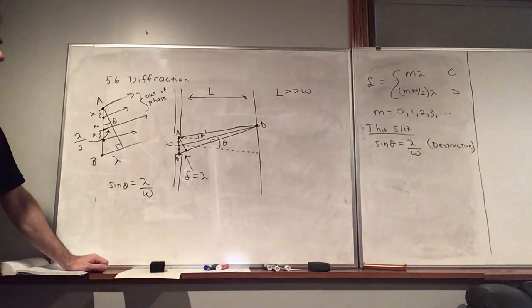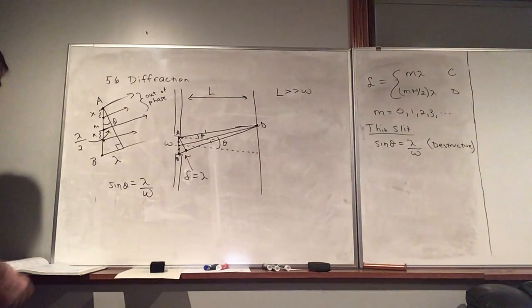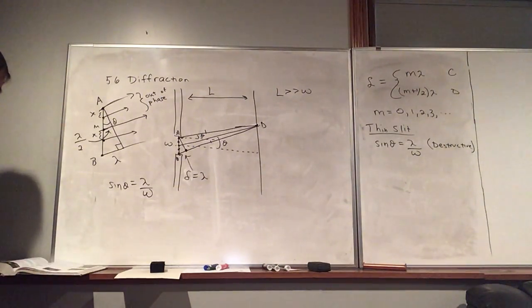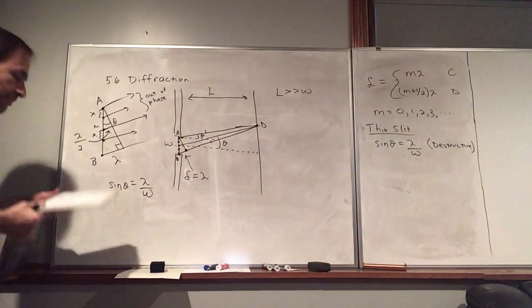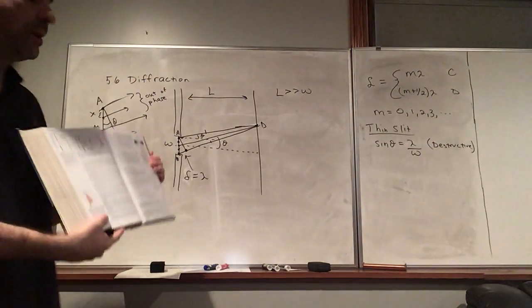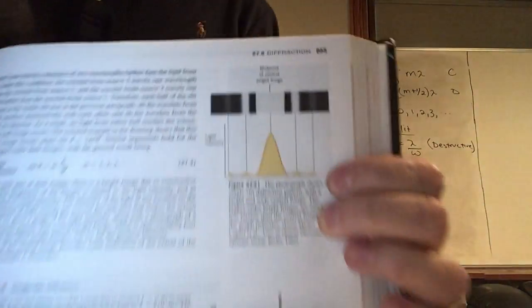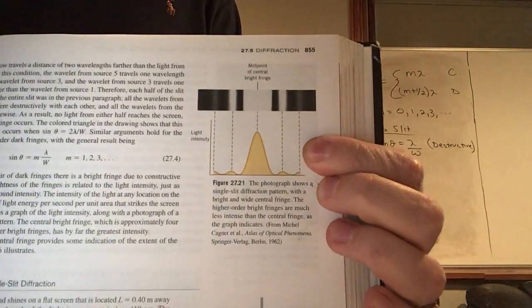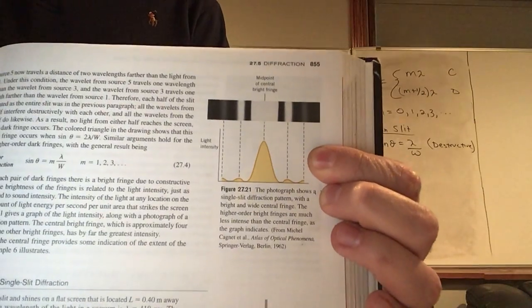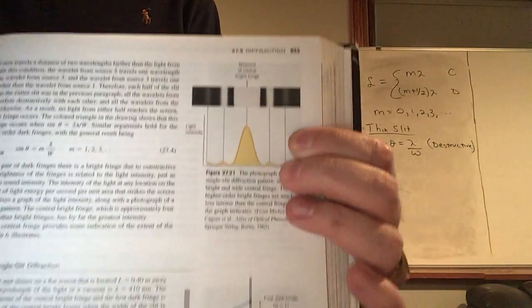Now, that's just destructive interference, but let me see, I think there's a picture in here. Yeah, so what we'd get by shining light through a slit like this, there's a picture in the book that shows, right across from the slit we get this bright fringe. So it's a very lit up area.